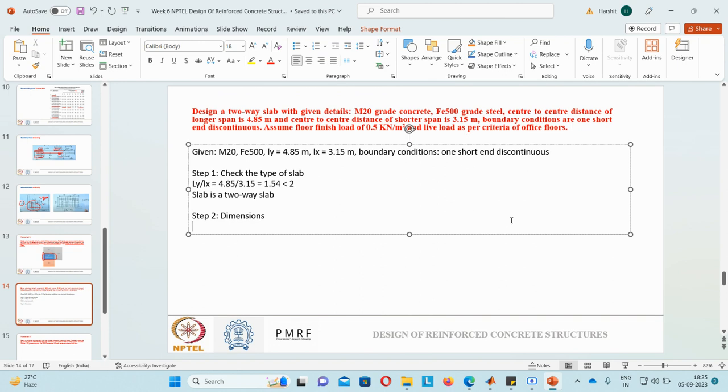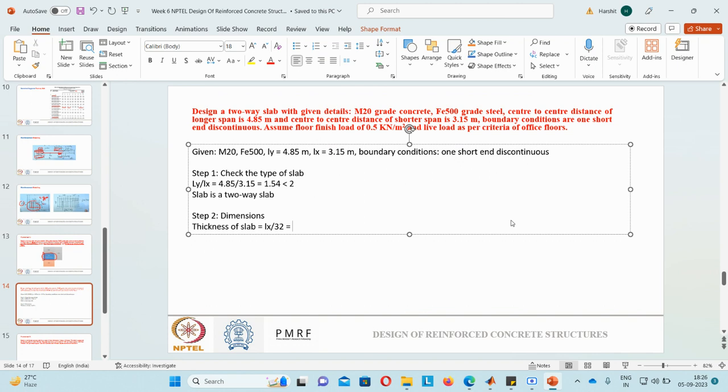So what the code says, your ratio of span to the effective depth should be 30 when you are talking about a continuous slab. Okay, so since there can be some modification factor also, I will consider thickness of slab as the shorter span upon 32. Rather than 30, I am taking 32 just for safety.